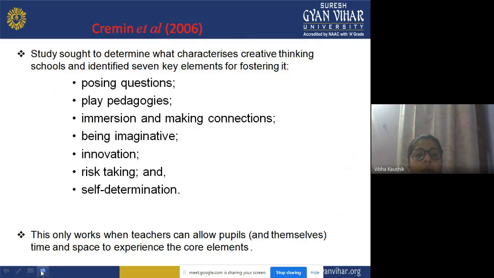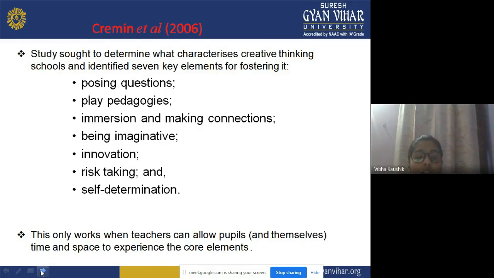Now, Karen, in 2006, conducted a study that sought to determine what characterizes creative thinking schools and identified several key elements for fostering it. He has identified several elements that are necessary for developing creative thinking among the students. Posing questions means that they are free to ask questions. Pedagogies, different pedagogies should be there. Making connections, being imaginative, the student should imagine something.